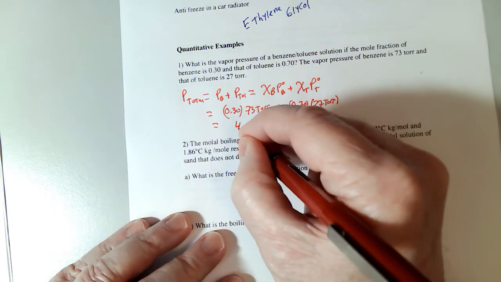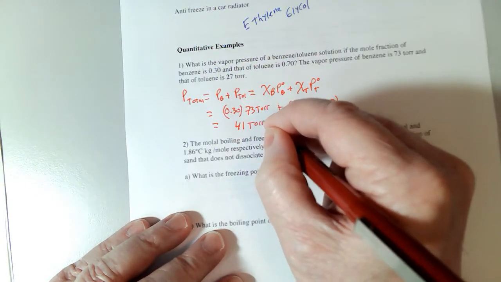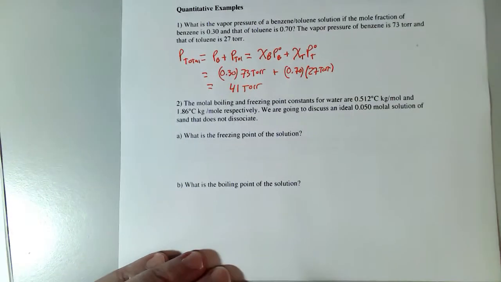And that equals about 41 torr if you round off for sig figs.